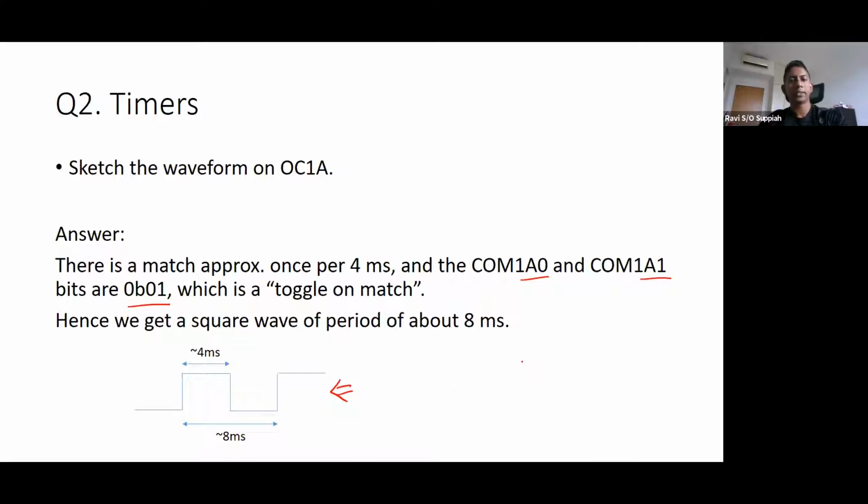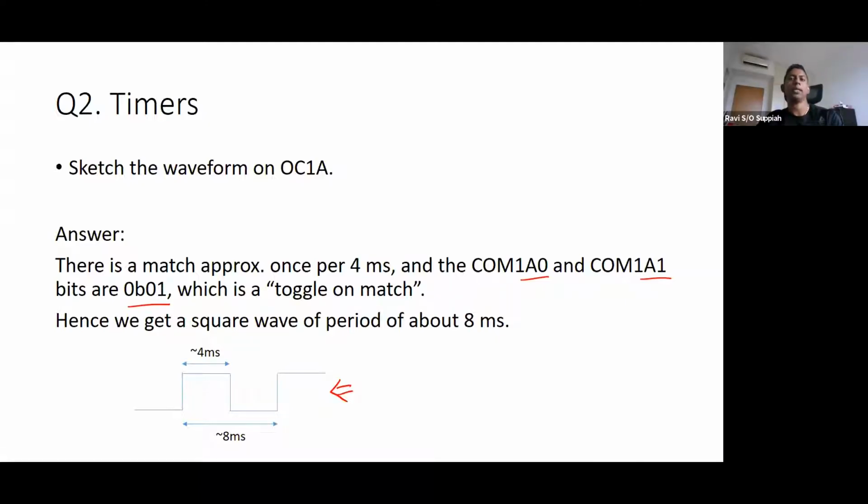It is just more convenient to use the pin already tied to the timer block, because then you don't need to worry about it; the moment you set it up, it just happens automatically. If you don't use the pin that is already tied to the block, then inside your ISR you need to manually toggle the pin, or change the value of the pin and so on. So always remember that they are two separate things.